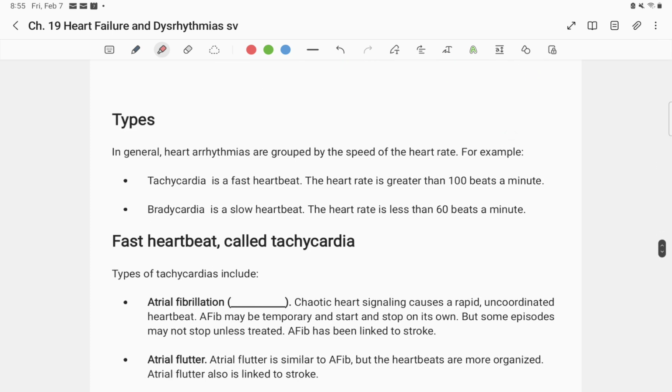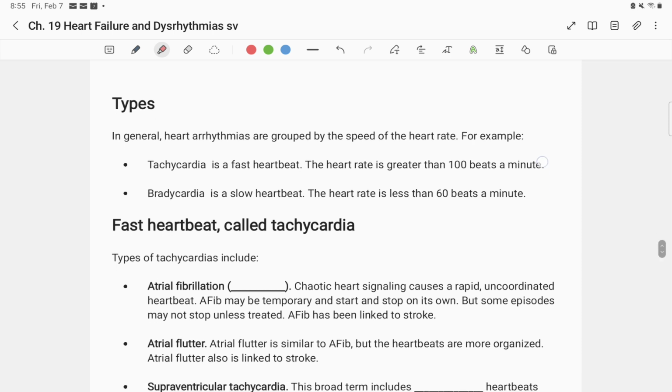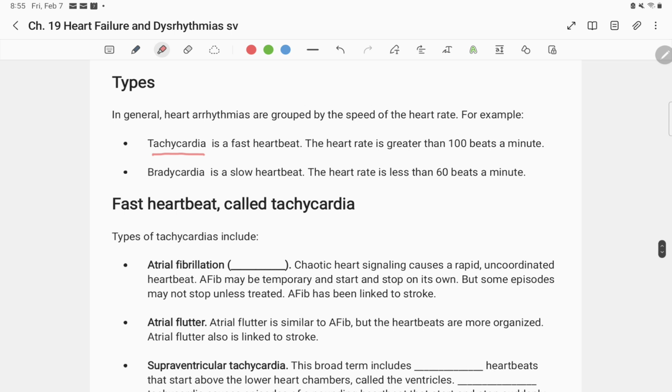In general, heart arrhythmias are grouped by the speed of the heart rate. For example, tachycardia is a fast heartbeat greater than 100 beats per minute. Bradycardia is a slow heartbeat where the heart rate is less than 60 beats per minute. There is an exception to take into consideration.